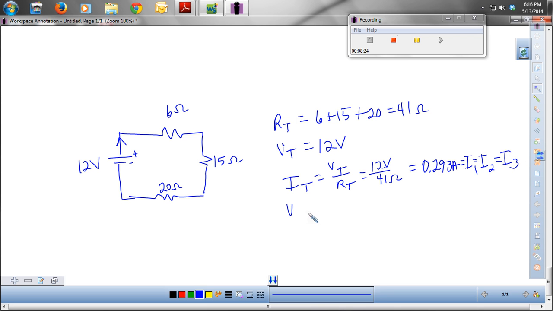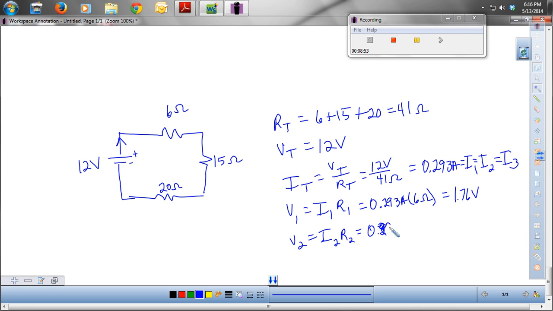Then V1 is going to be I1R1. So V1 is going to be 0.293 amps times 6 ohms. And when I did that, I got the voltage to be 1.76. And then V2 is going to be I2R2. So 0.293 amps times 15 ohms.